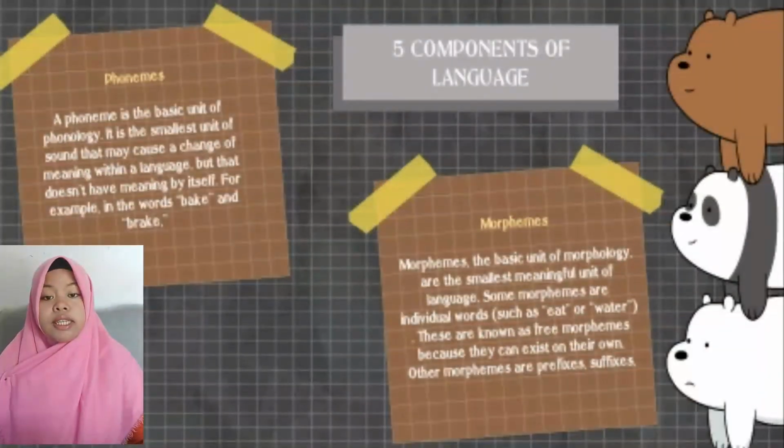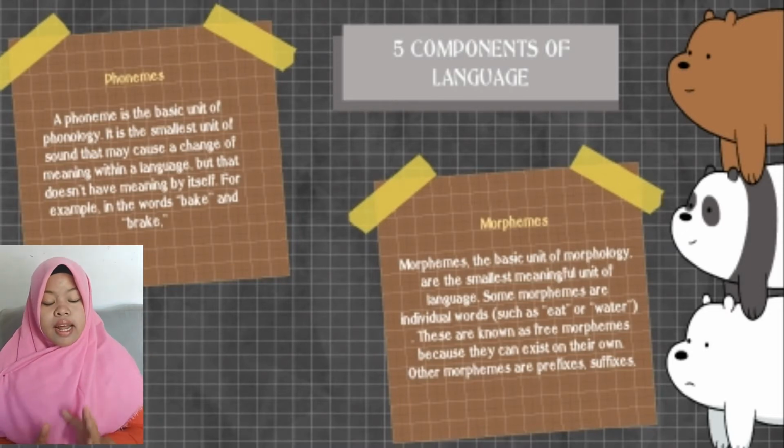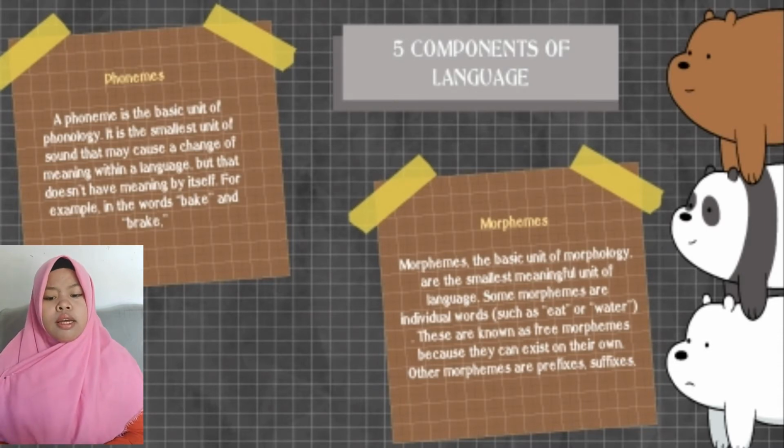The first is phonemes. Phoneme is the basic unit of phonology, and the definition of a phoneme is the smallest unit of sound that may cause a change of meaning within a language, but doesn't have meaning by itself. For example, the words bake and break.